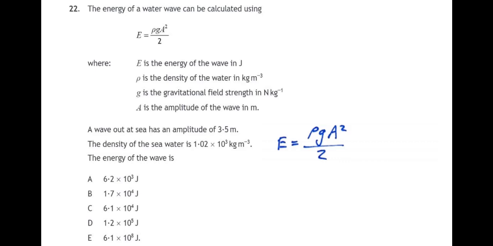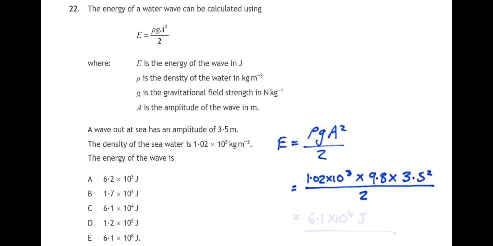We have the density of water, which is rho, is 1.02 times 10 to the power 3. We have g, which is the gravitational field strength, and that's 9.8 newtons per kilogram on Earth. And we have the amplitude, which is 3.5 meters. And then we just calculate it, and we get 6.1 times 10 to the power 4 joules, which is answer C.